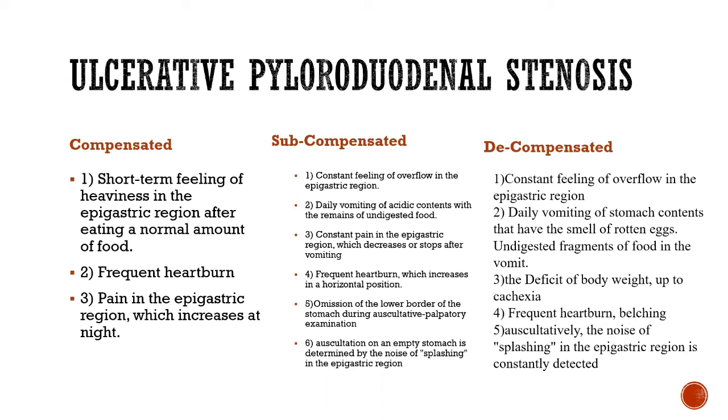There is contrast pain in the epigastric region, which decreases or stops after vomiting. Frequent heartburn, which increases in horizontal position. And the lower border of the stomach is lowered on auscultative palpatory examination.